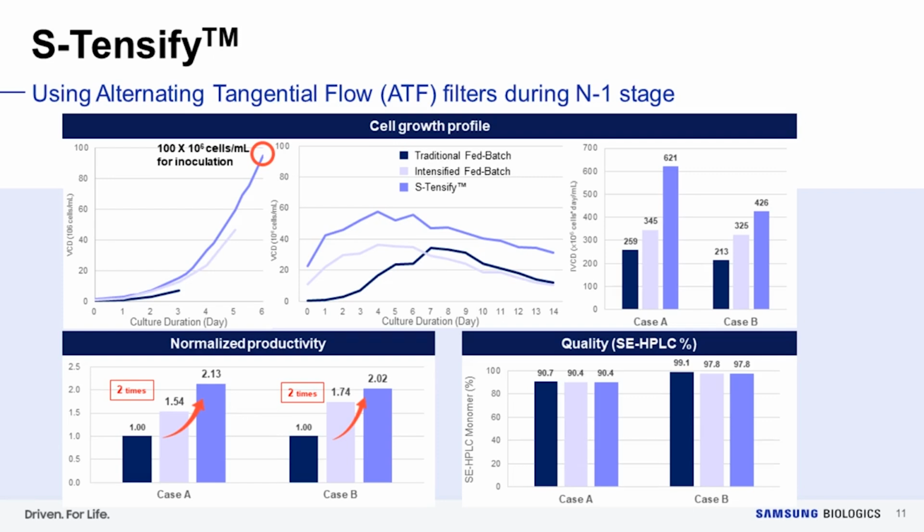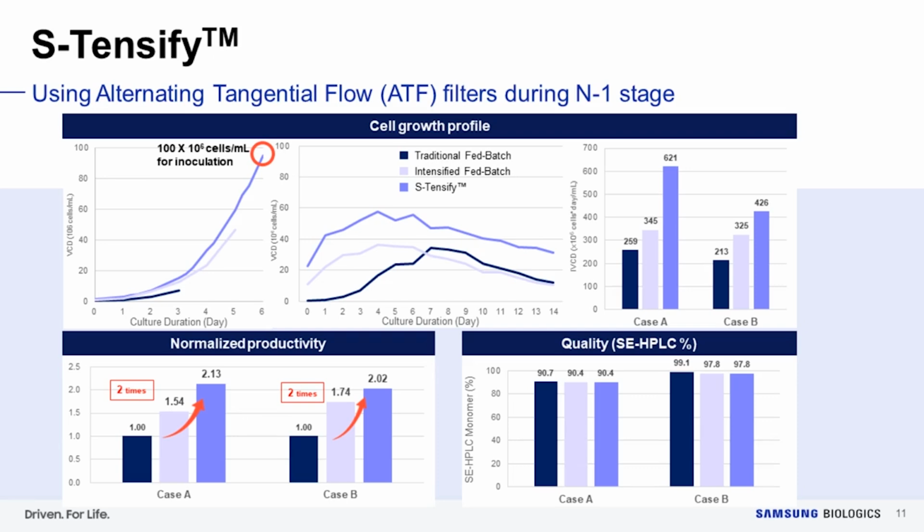The core innovation of S-Tensify lies in our use of ATF filters during the N-1 stage. These filters retain cells within the bioreactor while allowing nutrients to pass through and waste products to be removed. This creates an optimal environment for cell growth even at very high cell densities.